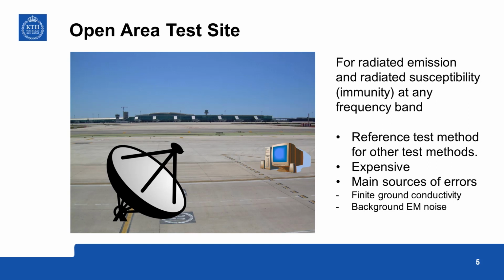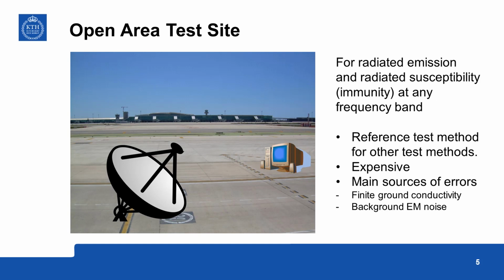Usually you have to be very far away from cities and other communication areas. Not often very easy to find, but if that is the case, then you can have your equipment to be tested and you can position your antennas, irradiate the equipment.